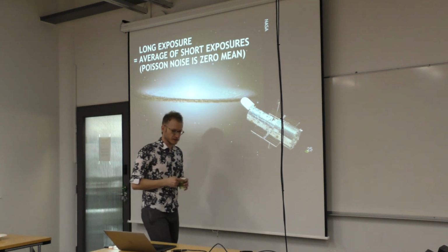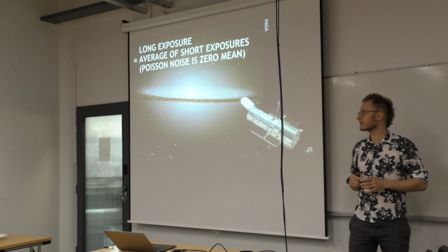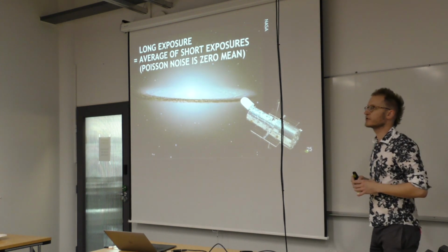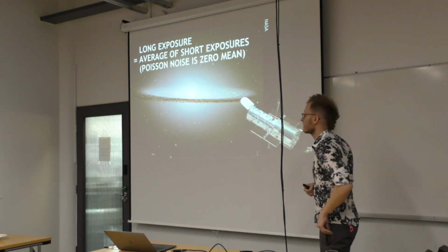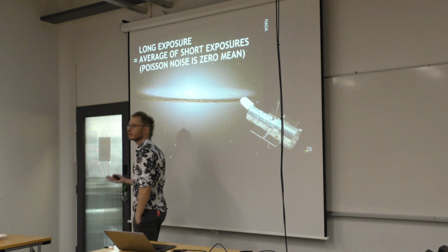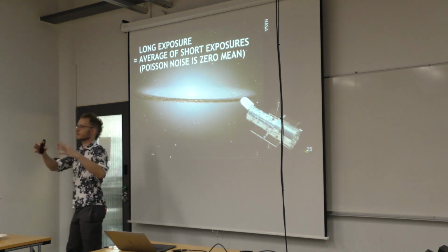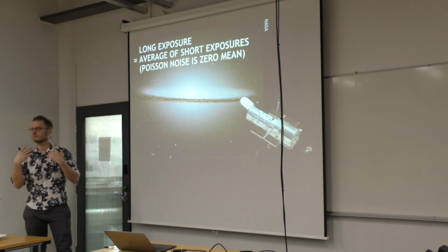This work is not limited to this particular kind of noise, but this noise from photons has the property that the underlying clean image is the expectation of infinitely many noisy realizations of this process that gives out the photons, right?